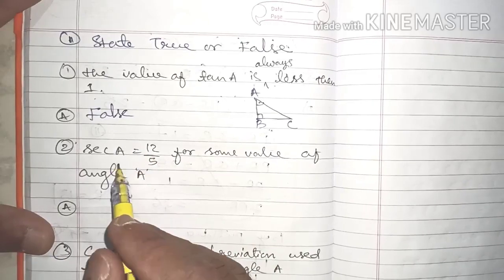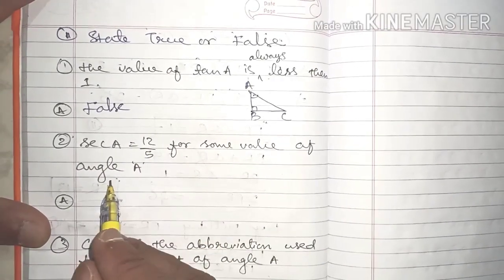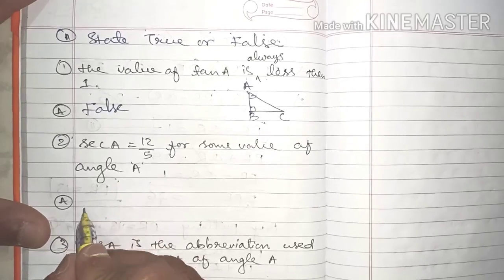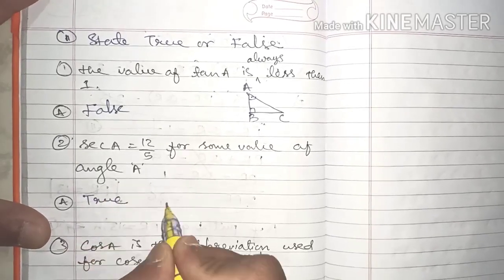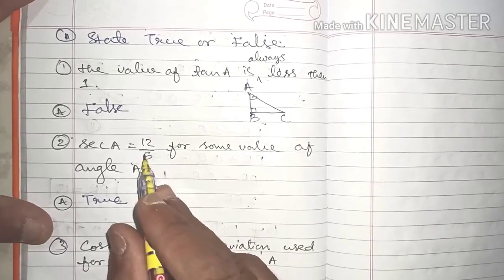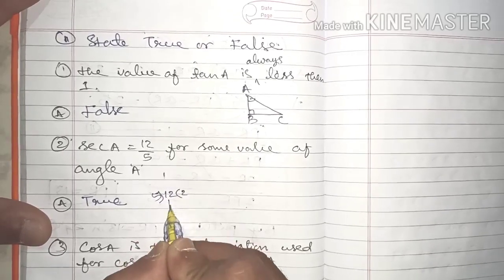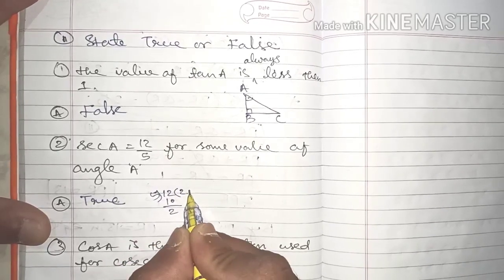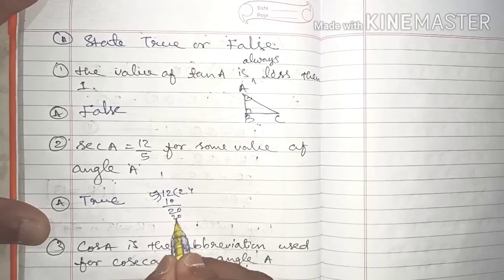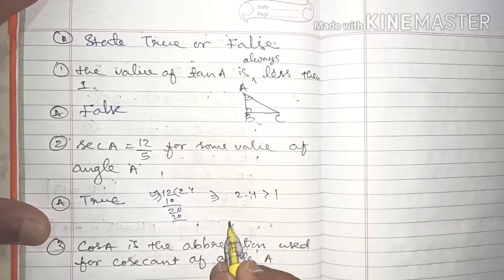Second question. Sec A equals 12 by 5 for some value of angle A. This is true because sec A is always greater than or equal to 1, and if I divide 12 by 5, 5 2s are 10, 5 4s are 20, we get 2.4, which is greater than 1.